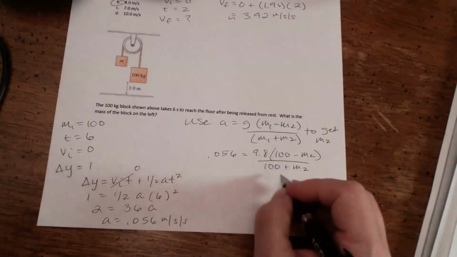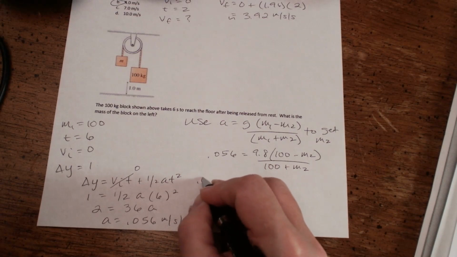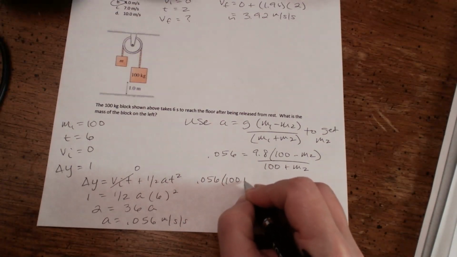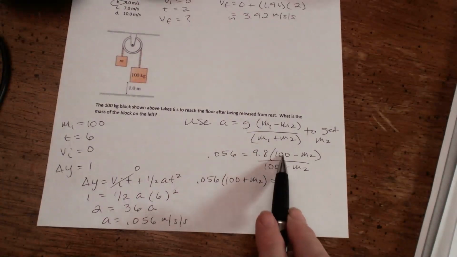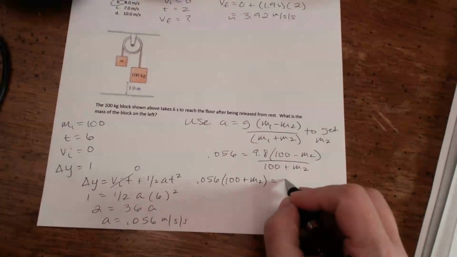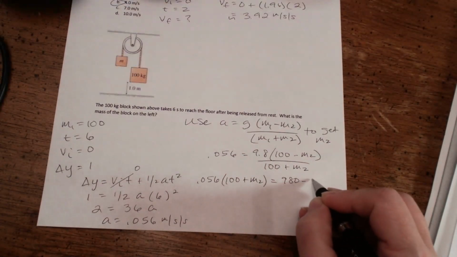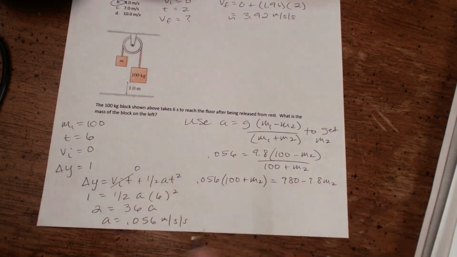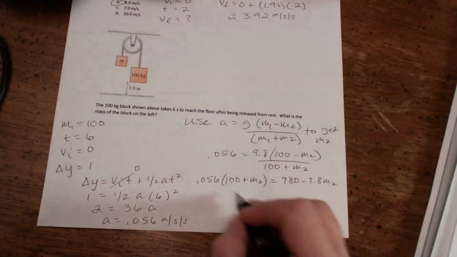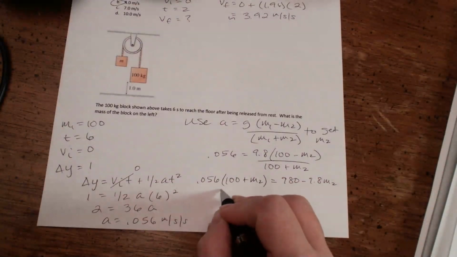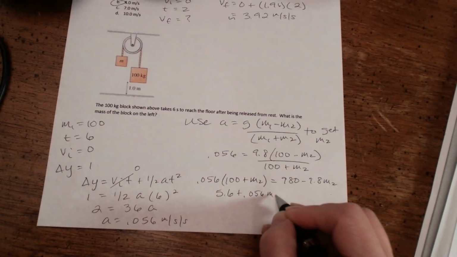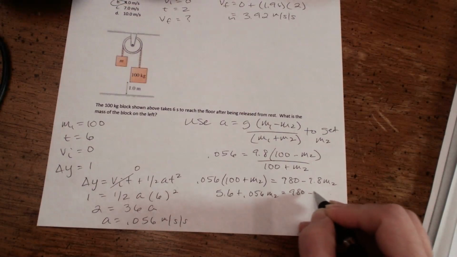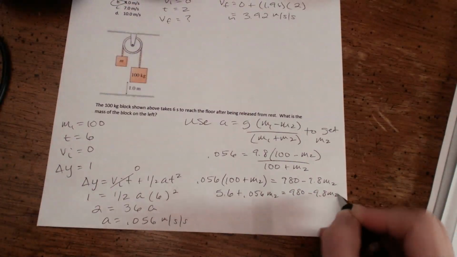I guess I'm basically multiplying both sides by this expression. So I've got 0.056 times 100 plus M2 equals, and I'm going to go ahead and distribute this 9.8 just to clean this up a little bit. So I'm going to have 980 minus 9.8 times M2. Then I'm going to distribute over here as well this 0.056. So that's going to give me 5.6 plus 0.056 M2 equals 980 minus 9.8 M2.